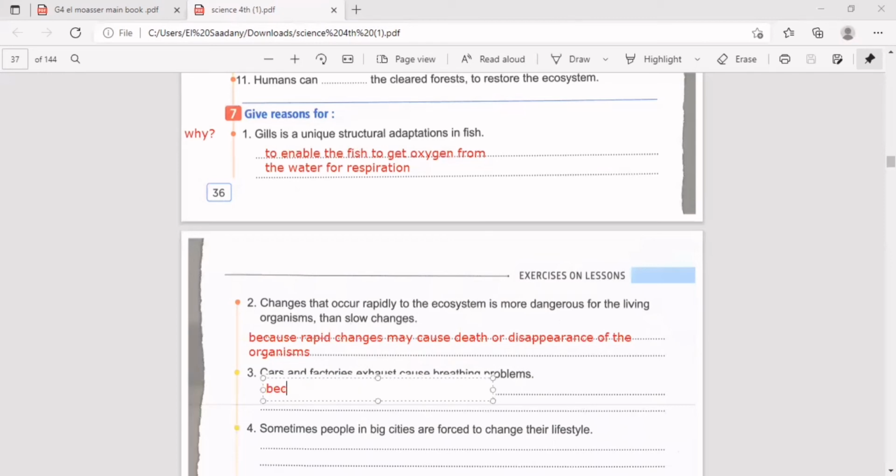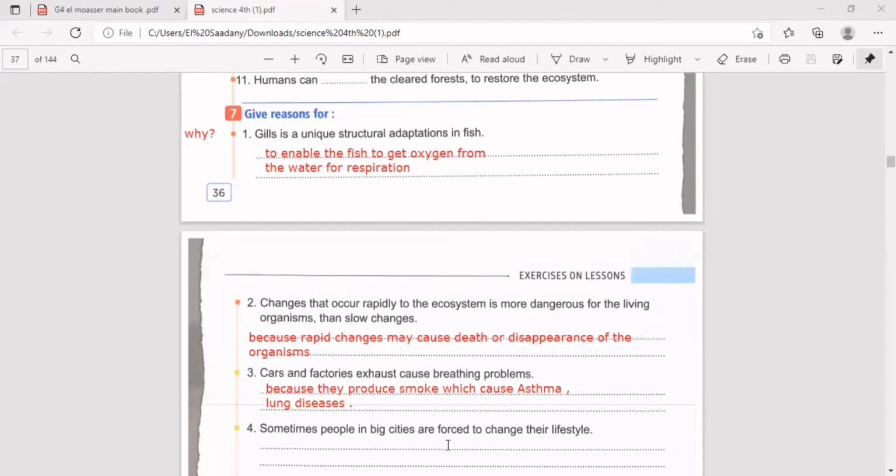Because they produce smoke, which causes asthma, lung disease, and heart disease. It only mentions the breathing problems, so we can just mention asthma, lung disease, and heart disease.